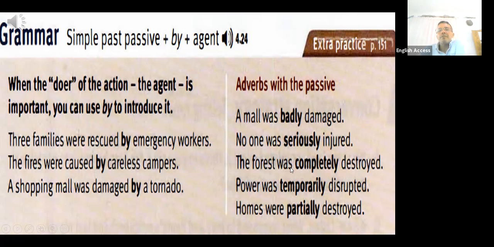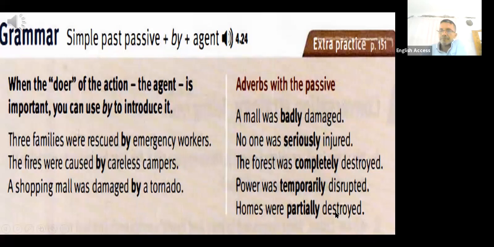The forest was completely destroyed. Destroyed. You see, all of them are after was or were. Power was temporarily disrupted. Temporarily disrupted. Homes were partially destroyed.